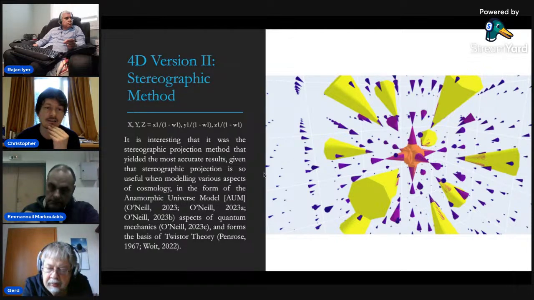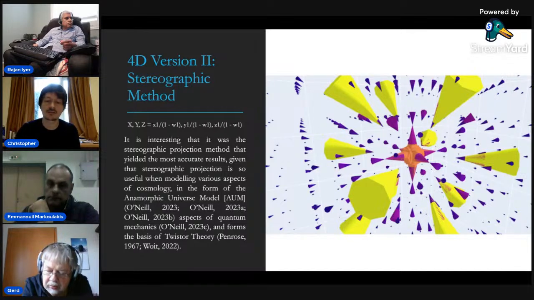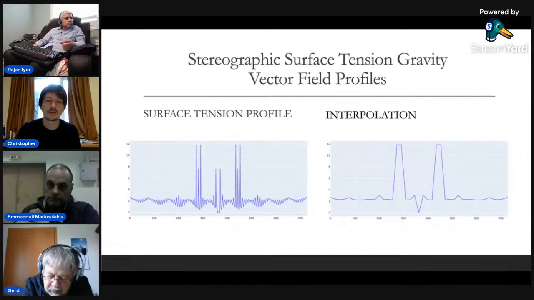So it is interesting that the stereographic projection method produces the most interesting results, given that it's been used by myself and others to model various aspects of cosmology, both in the form of the anamorphic universe model we're discussing today, as well as aspects of quantum mechanics. And it also forms the basis of twistor theory, which is Penrose's research, and Peter Woit has also done a lot of work on that.